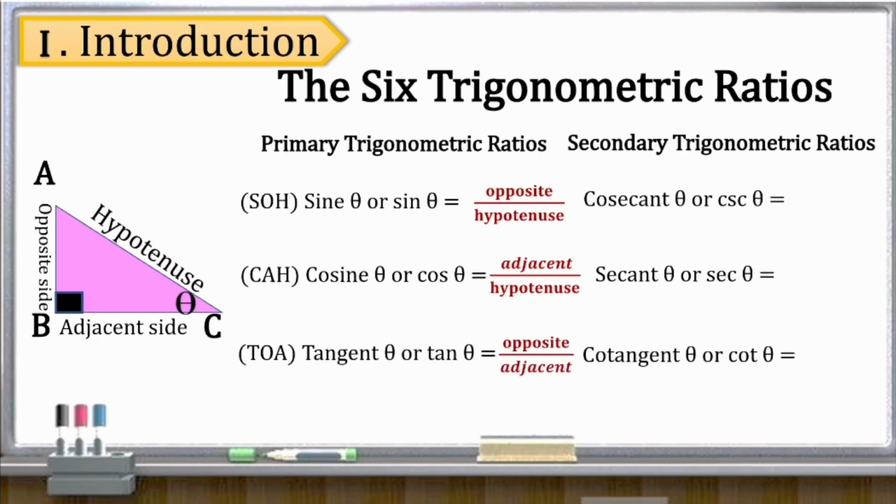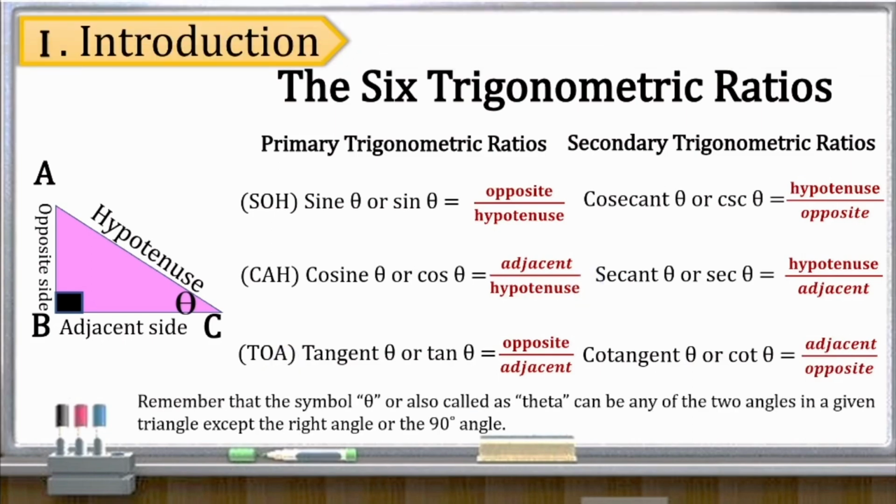Para naman sa ating secondary trigonometric ratios, so ito class ay reciprocal ng ating sine theta, cosine theta, and tangent theta. So cosecant theta is equal to hypotenuse over opposite. Secant theta is equal to hypotenuse over adjacent. And cotangent theta is equal to adjacent over opposite.